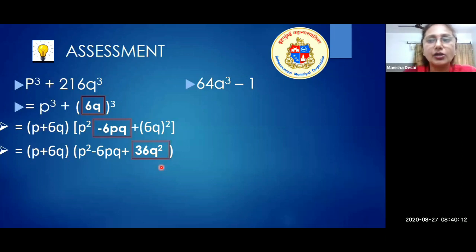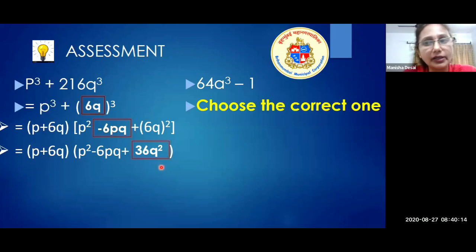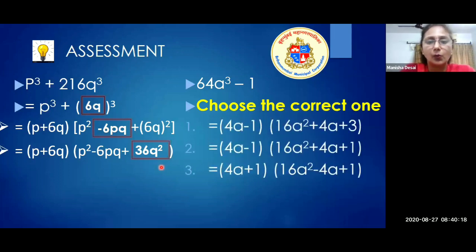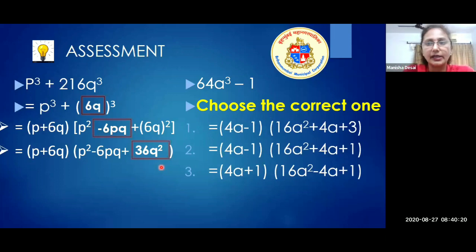Try to solve this sum in your notebook and choose the correct alternative that I have given here. Which one will be the correct answer? The number 1, 2 or 3? Solve the question and tell me what will be the correct alternative.